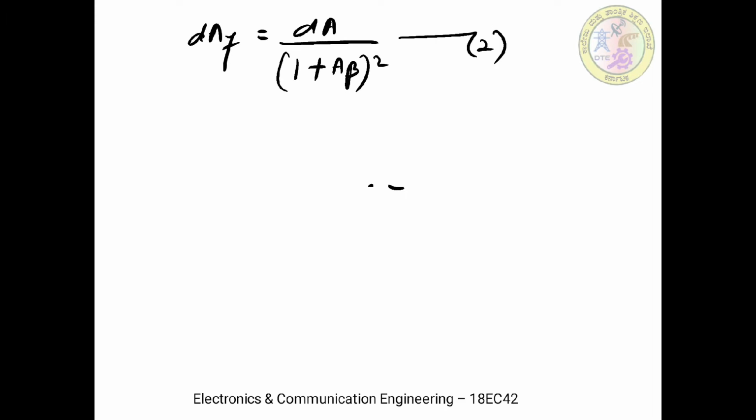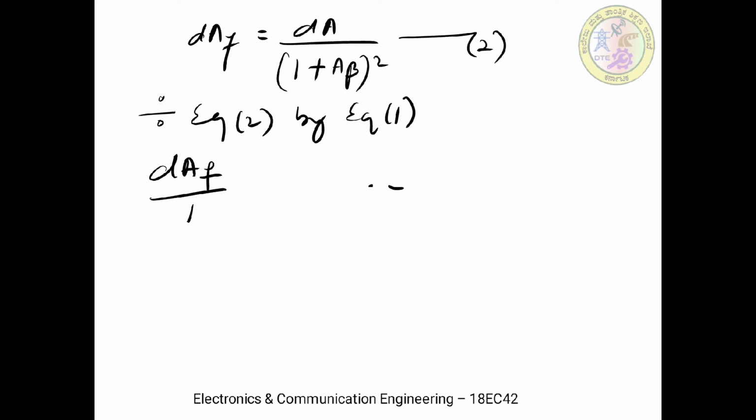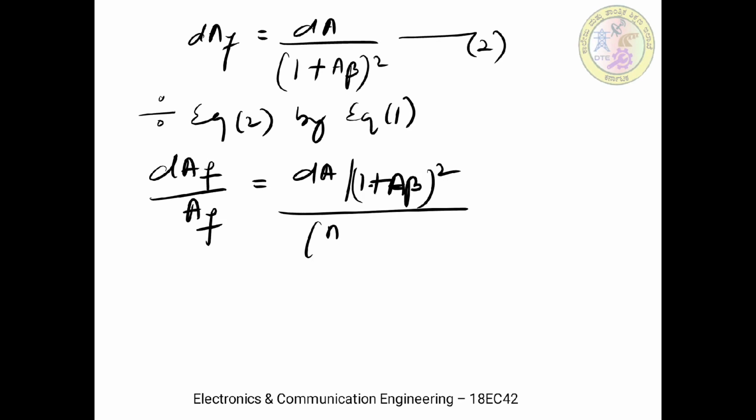Now dividing equation 2 by equation 1, we are going to get dAF by AF, which will be equal to dA by (1 plus A beta) whole square, divided by A by (1 plus A beta).